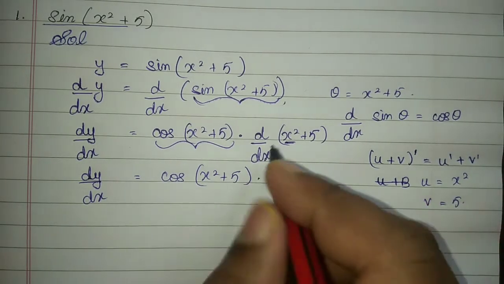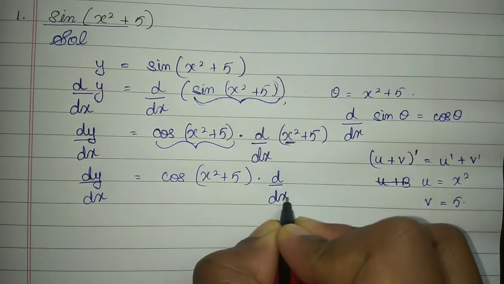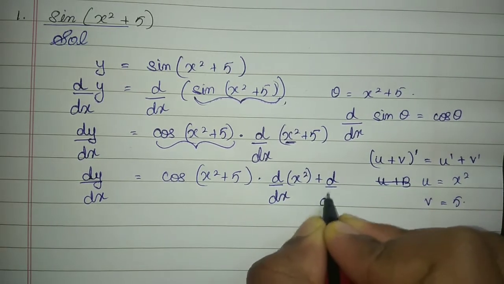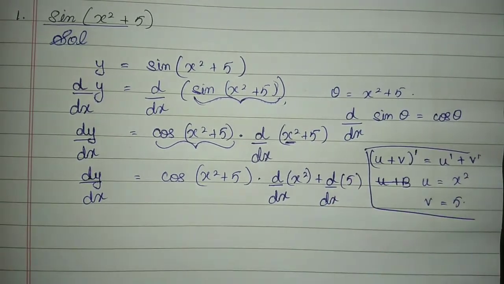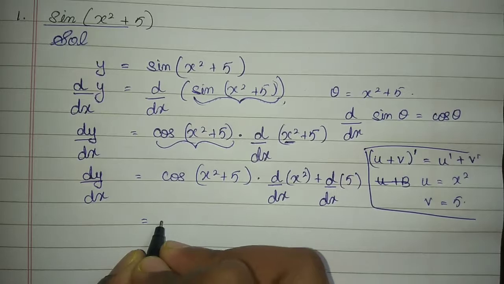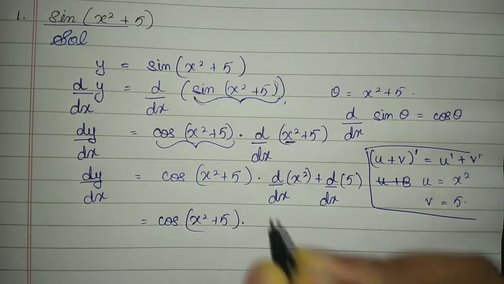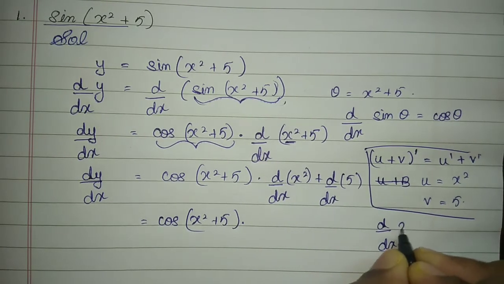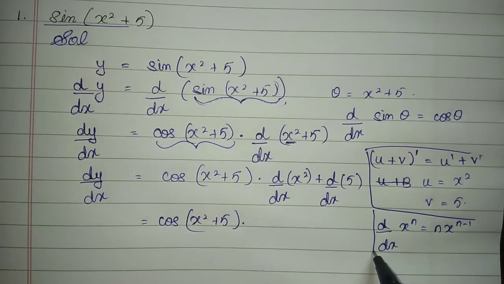So first d by dx of x square, and next plus d by dx of 5. In the next step I will have cos of x square plus 5 into, so we know the formula d by dx of x power n is equal to n into x power n minus 1. This is the formula for d by dx of x power n.